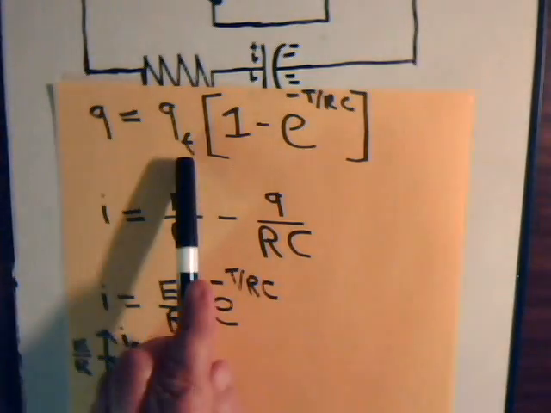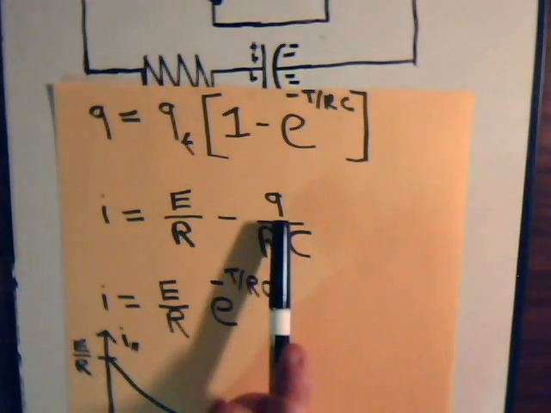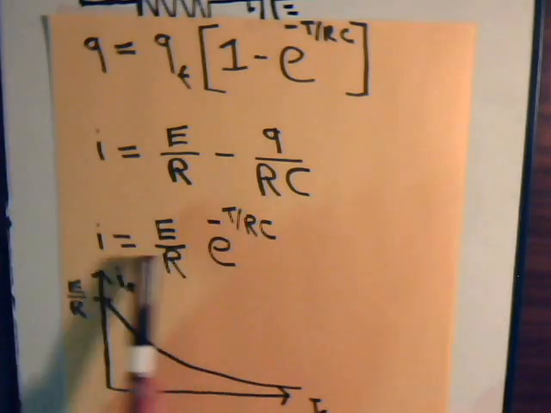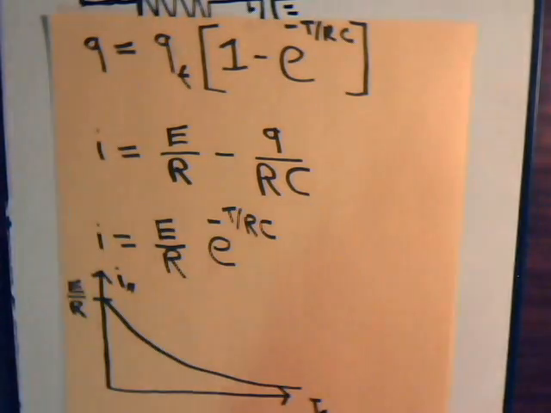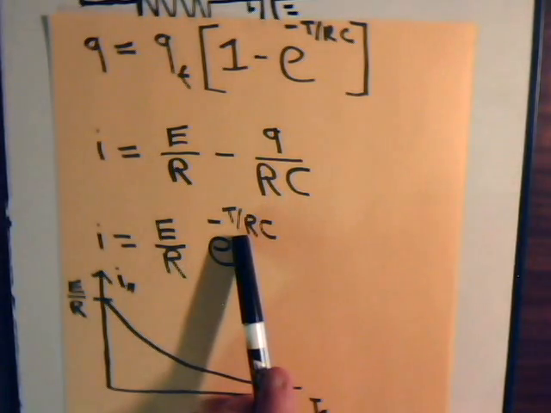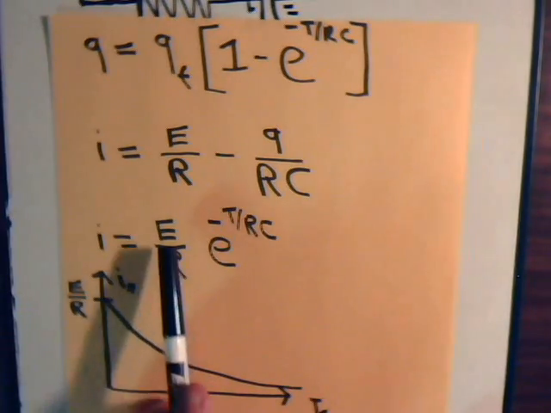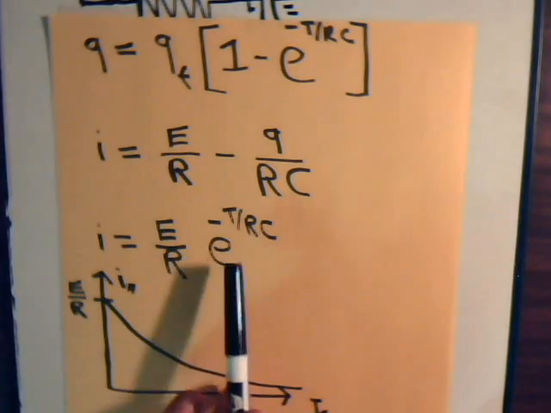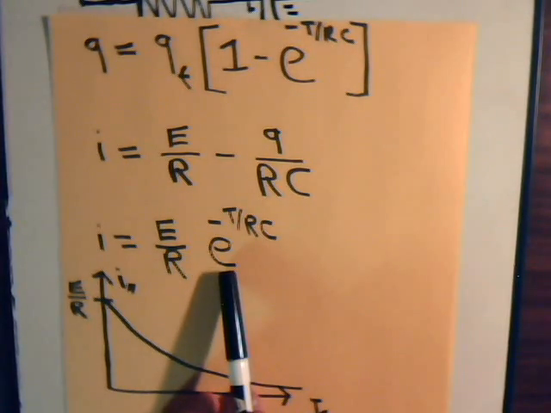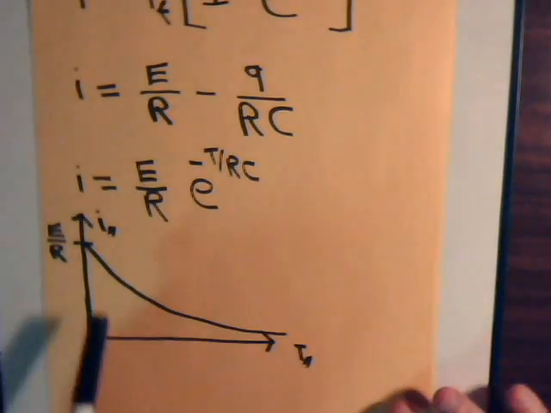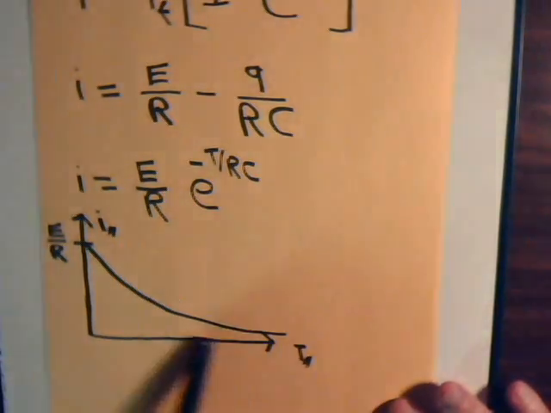So if we substitute this for this, eventually we'll get this as an expression for the circuit current. And again, this is commensurate with what we just stated. At time t equals 0, that's 0. The current is just the battery voltage divided by the resistance. Then with time, this fraction becomes less and less, so eventually the current falls off to 0, and that's what we're showing here in the graph.